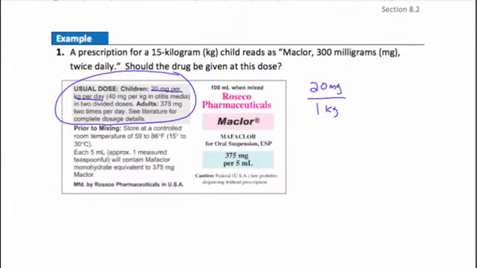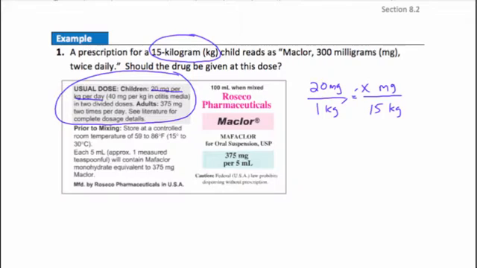Now, we want to set up a proportion to solve this. We have a 15 kilogram child here. So with a 15 kilogram child, notice I'm lining my units up, kilograms and kilograms on the bottom. We want to give X milligrams of medication. So we've got this proportion set up, and we'll cross multiply.